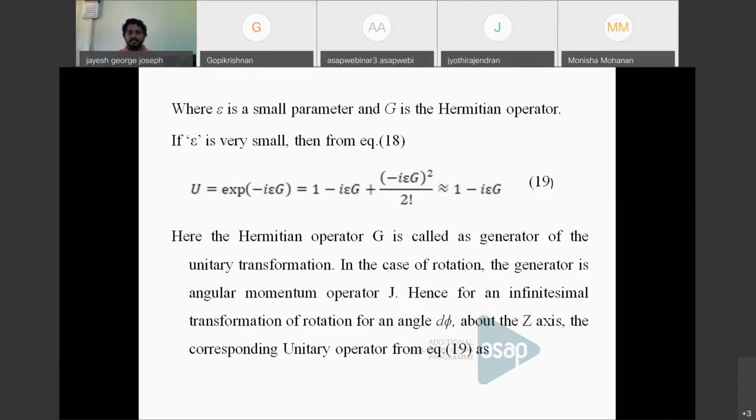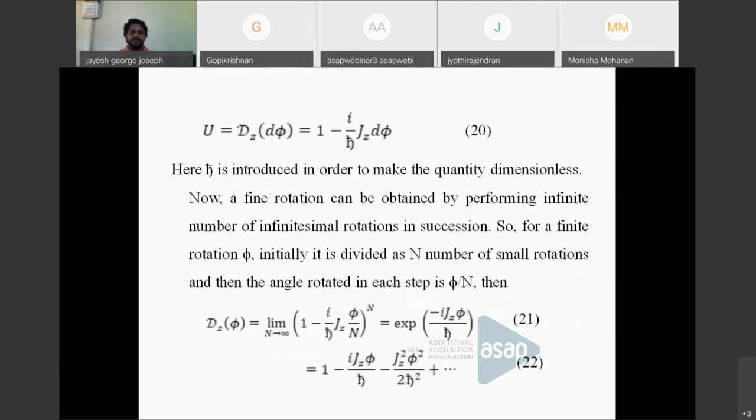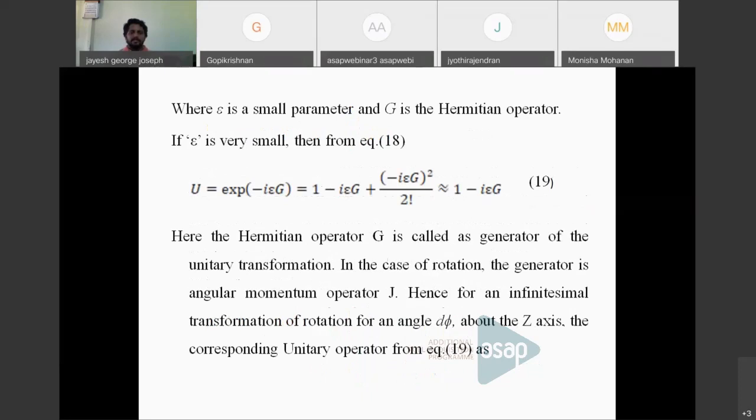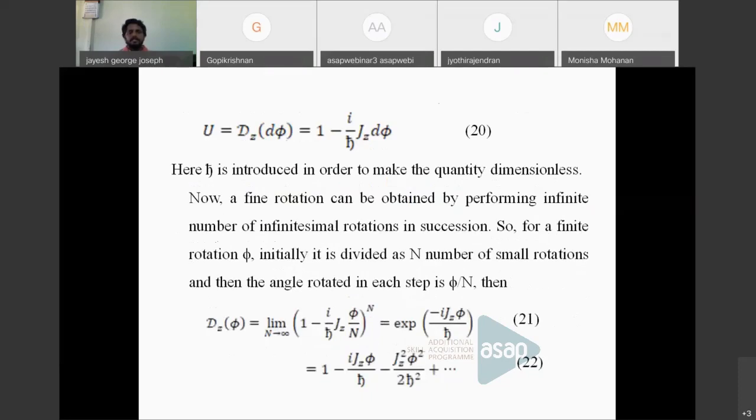Here it is rotation, so the generator is the angular momentum. Hence, for an infinitesimal rotation by an angle d phi about the z-axis, the corresponding unitary operator from equation 19 is the D matrix about the z-axis, Dz of d phi, equal to 1 minus i by h cross Jz d phi.